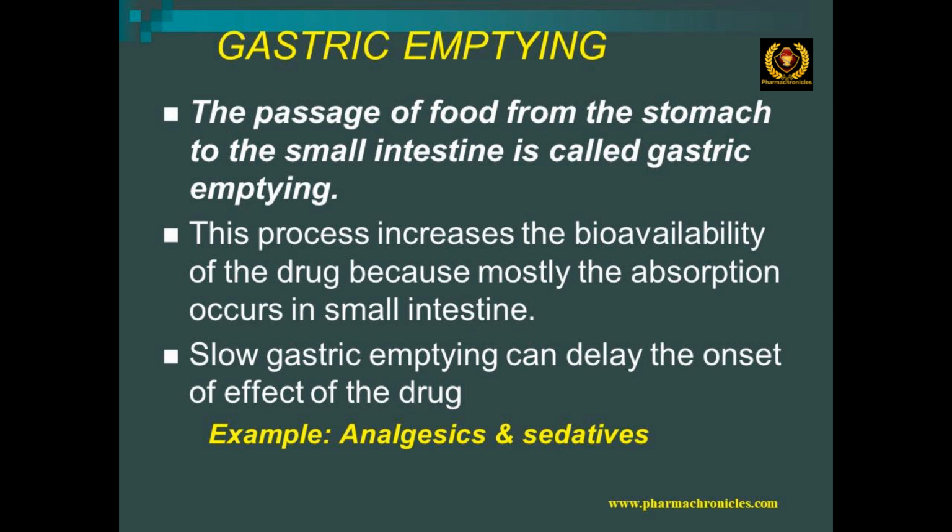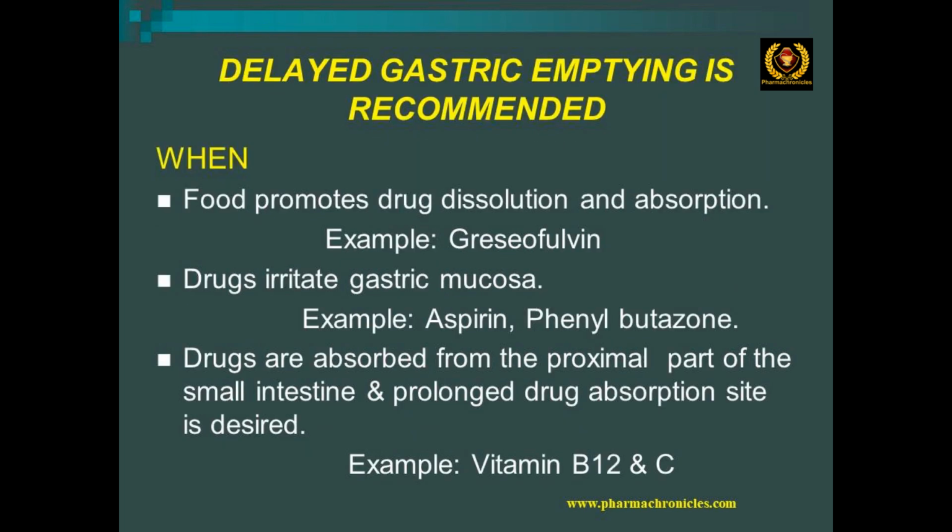This process increases the bioavailability of the drug because absorption mostly occurs in the small intestine. Slow gastric emptying can delay the onset of effect of the drug. Example, analgesics and sedatives. Delayed gastric emptying is recommended when food promotes drug dissolution and absorption.